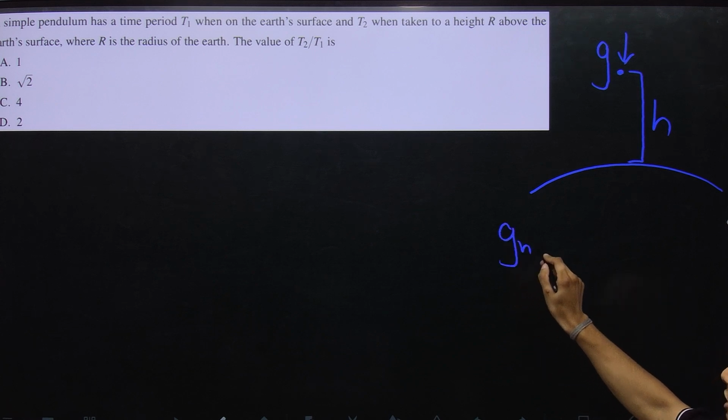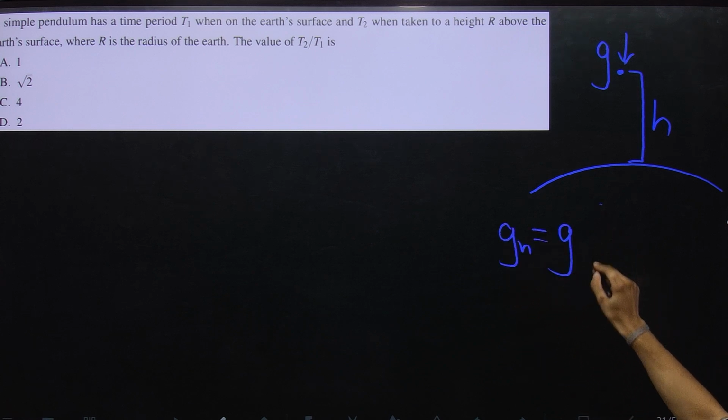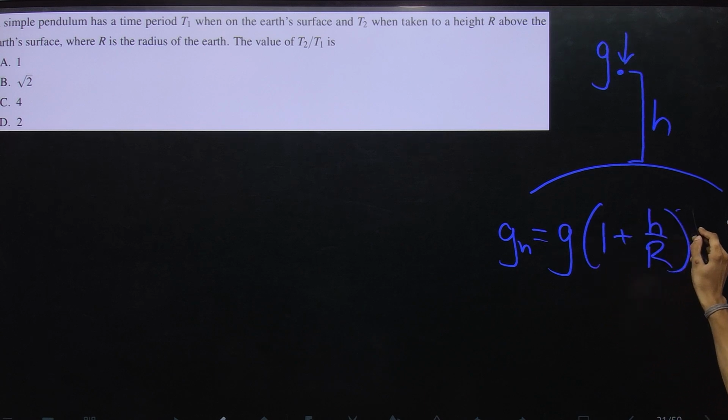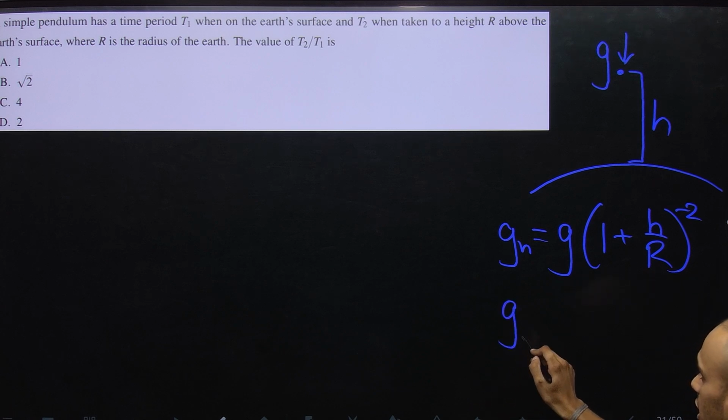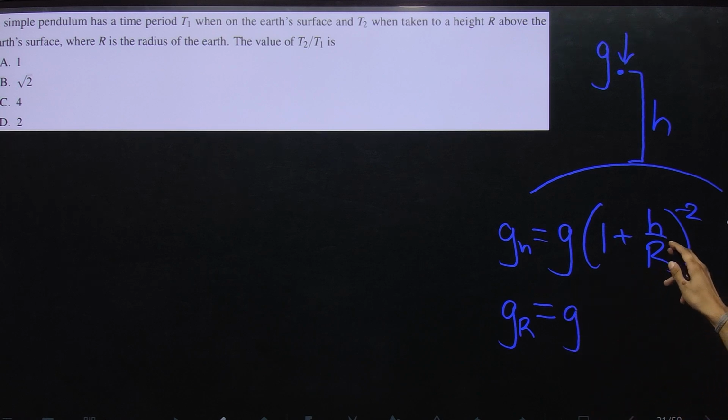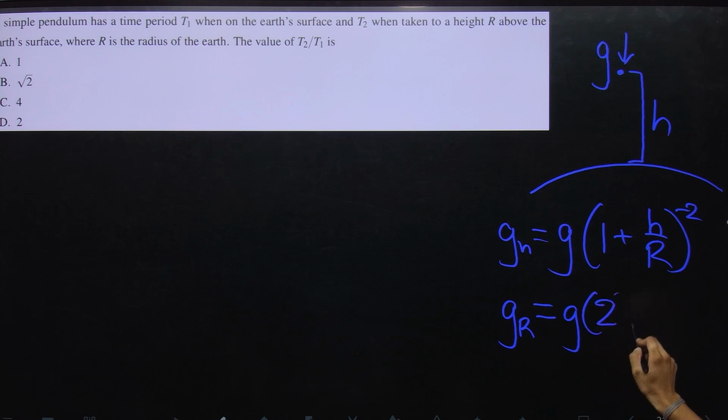Acceleration at a height h will be equal to acceleration at the surface into 1 plus h by R raised to minus 2. And the acceleration at a height equal to radius will be equal to g into 1 plus 1, that is 2 raised to minus 2, that's equal to g upon 4.